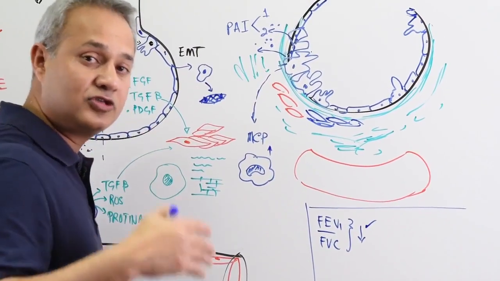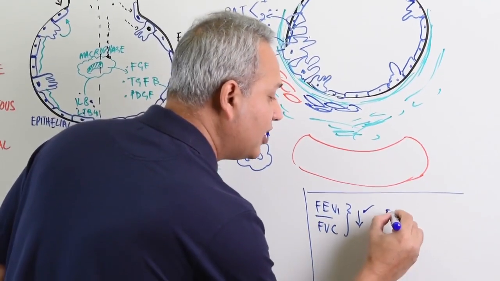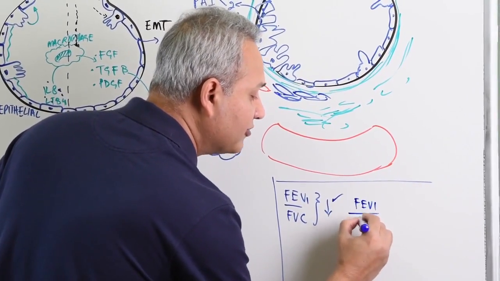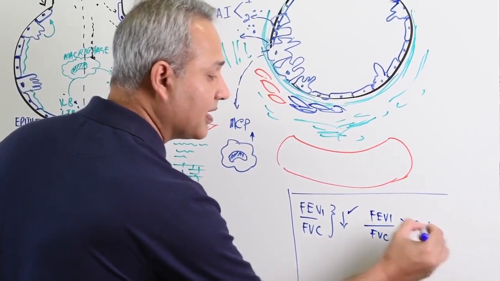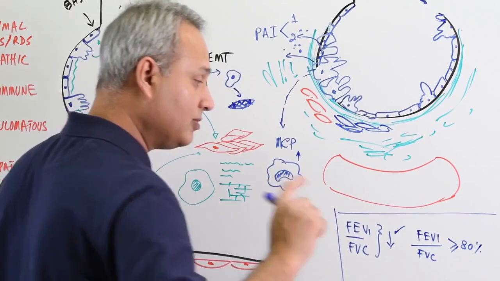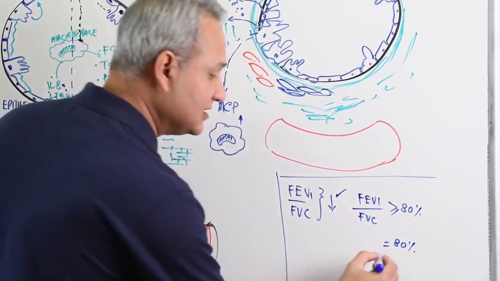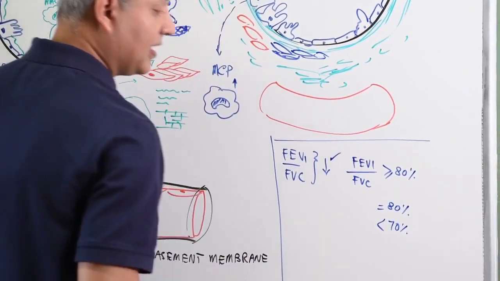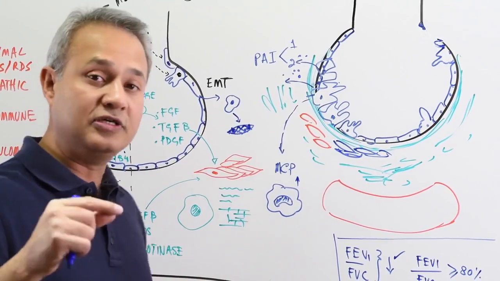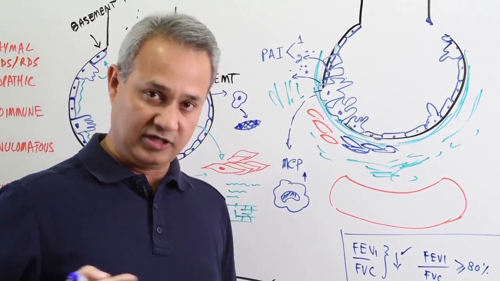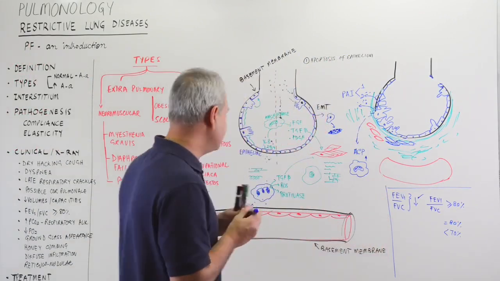This is the forced expiratory volume in the first second, and so the FEV1 over FVC ratio is actually greater than 80%. Remember, in the normal it is about 80%, and in the obstructive lung diseases it is lesser than 70%, and in here it is normal or above normal. So FEV1 divided by FVC, or that ratio, will not tell you much. It is the overall reduction in the volumes and capacities that is important.